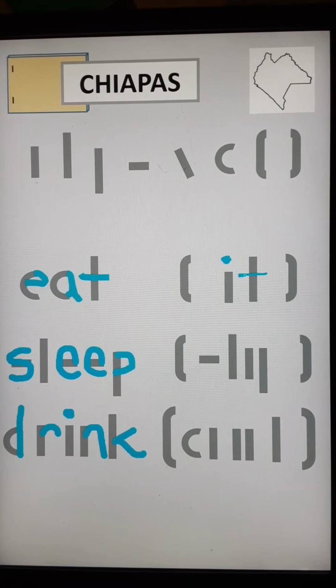Sleep has the same L as before. Eep is the I. Just like eat and sleep, they both have an I in the pronunciation. The last letter is the P for sleep.